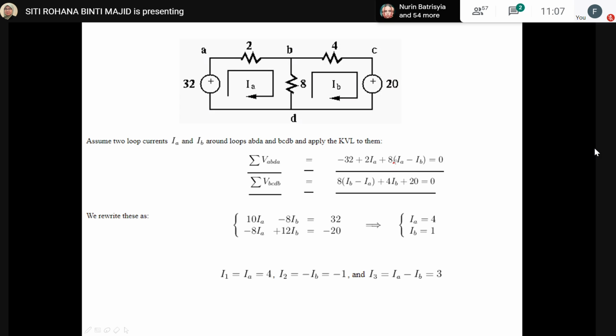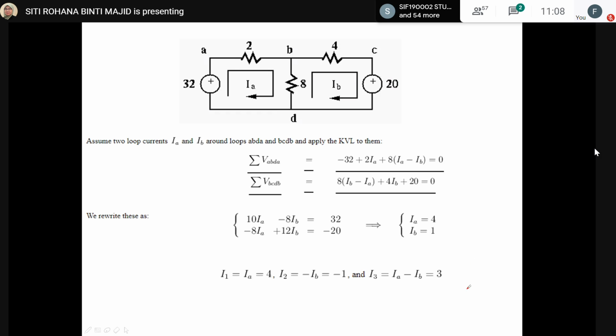So we use simultaneous equations, and you will get the values IA and IB for loop A and loop B as 4 and 1, and you just plug into any equation, then you will get the values of I1, I2, as well as I3.